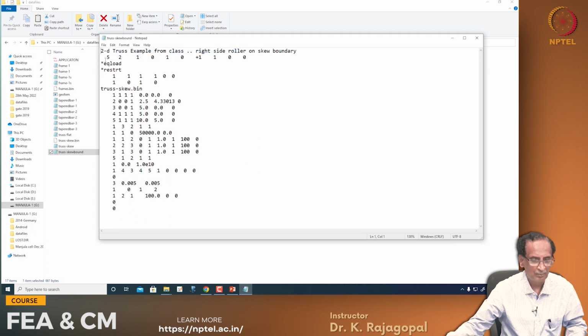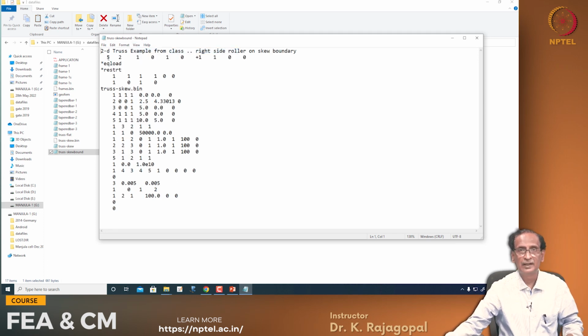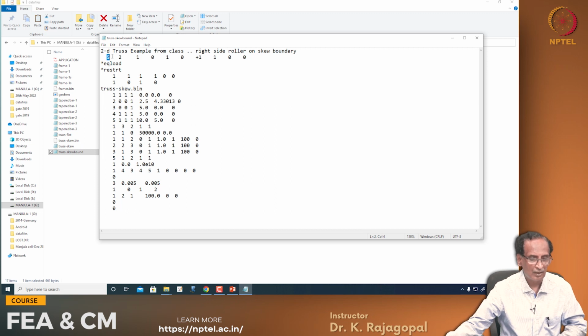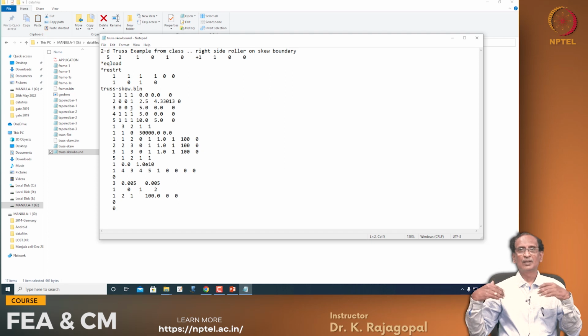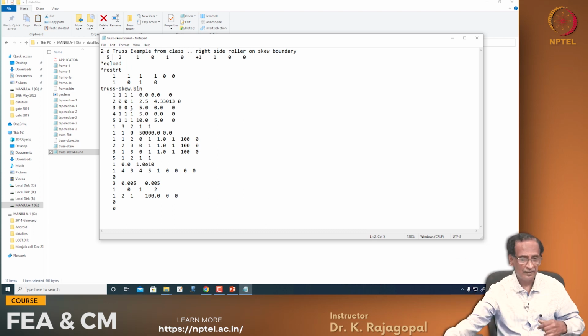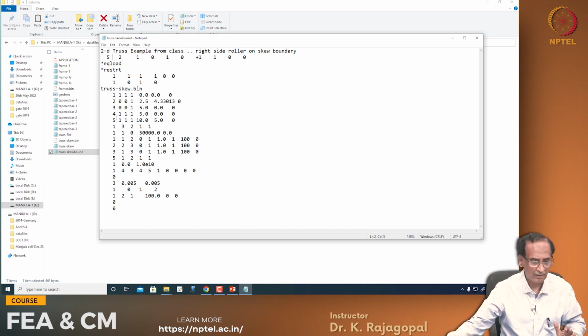Okay. So, previously we had only 3 nodes in this problem. Now we have 5 nodes, because we need some extra nodes to introduce the spring elements and then to define the tangential direction.